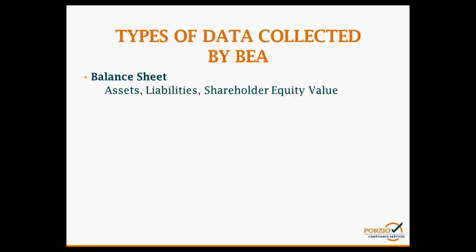So what are the types of data that the BEA is asking you to provide? And we'll get into this with some detail. Amy noted before that recently the BEA has been stepping up its approach to enforcement for non-compliant companies that should be reporting.